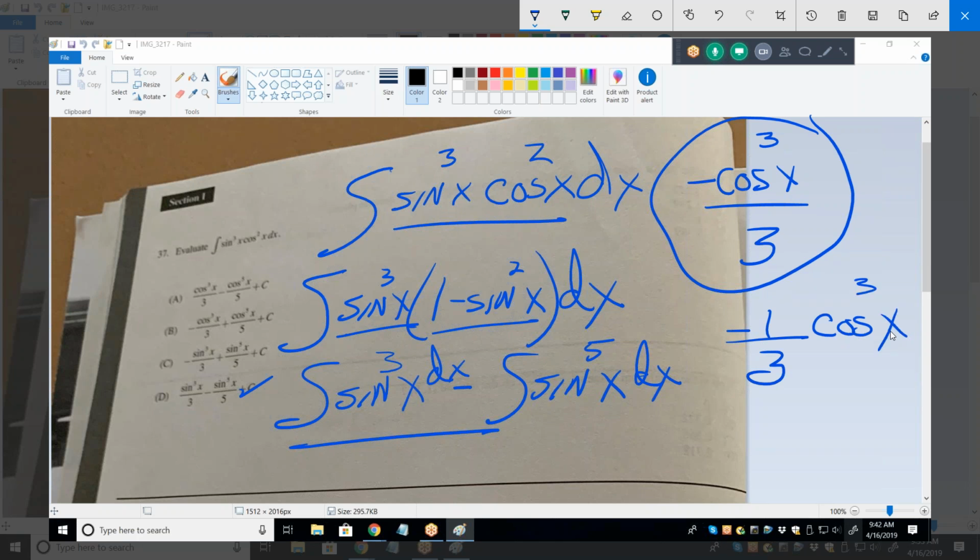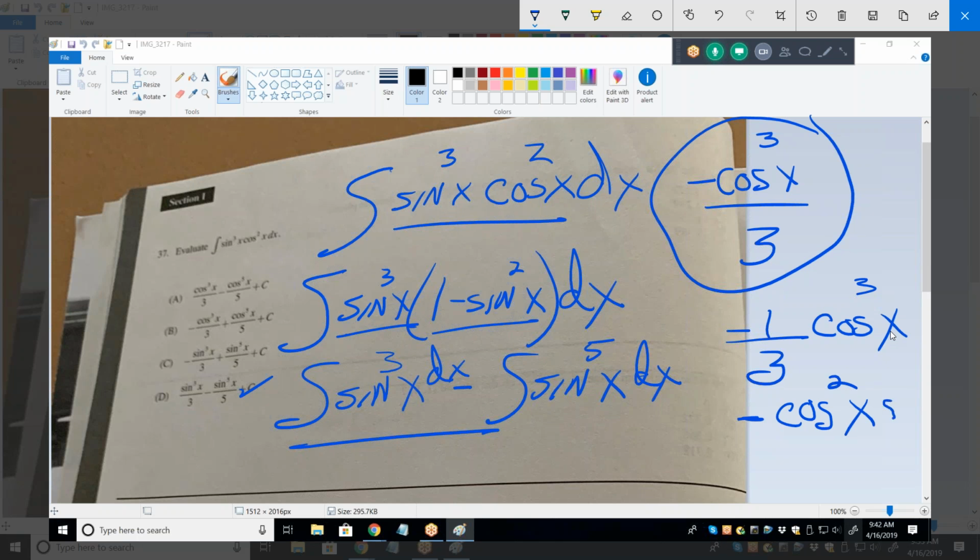It's the derivative of the outside. The derivative of the outside would be 3 minus 1 times cosine squared of x. Oh, yeah. Times the derivative of the inside. What's the derivative of the inside?